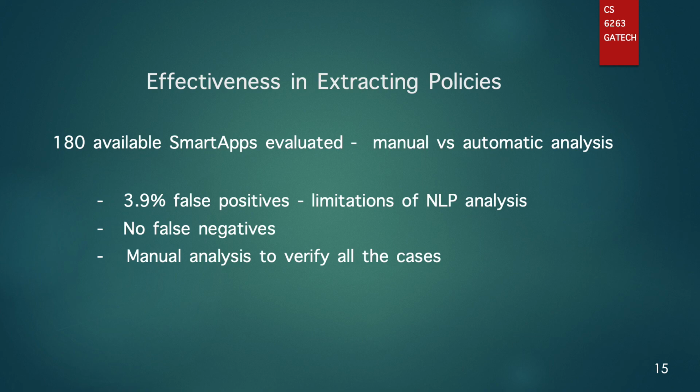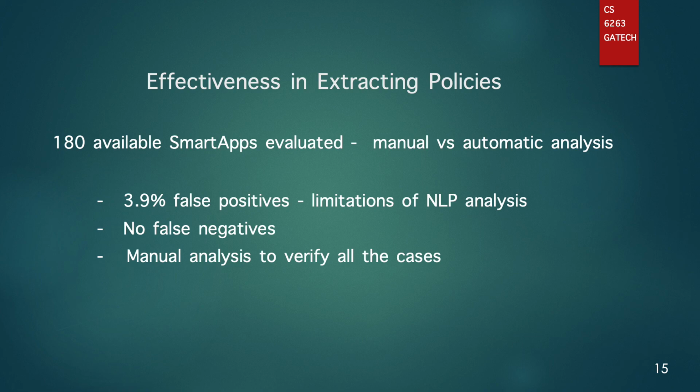How effective was the SmartAuth app in extracting policies? Evaluating the SmartAuth app's ability to accurately identify unexpected behaviors is very important. To this end, they manually analyzed the description and the code of 180 available SmartAuth apps and compared the results to those of the automatic analysis.